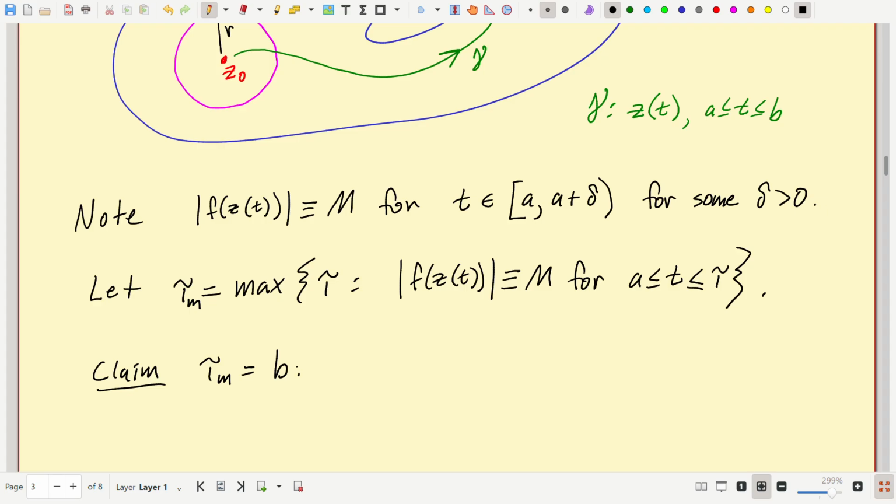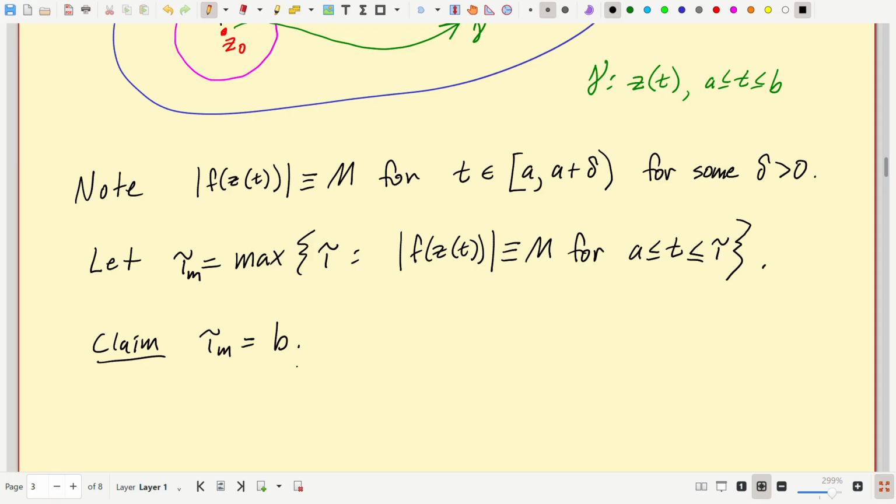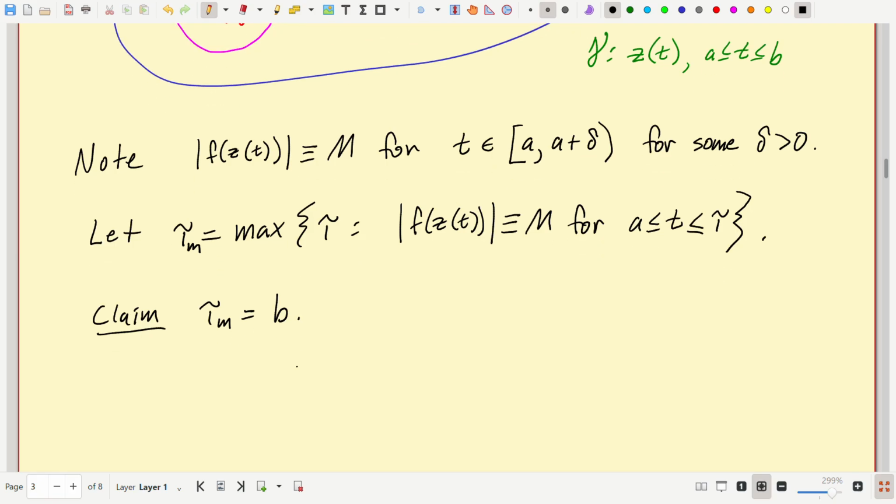Notice that tau max is bigger than a, obviously, because of that fact above. The question is, how big is it? And I claim it goes all the way to b. And here's why. If it was less than b, so we know tau m is bigger than a.